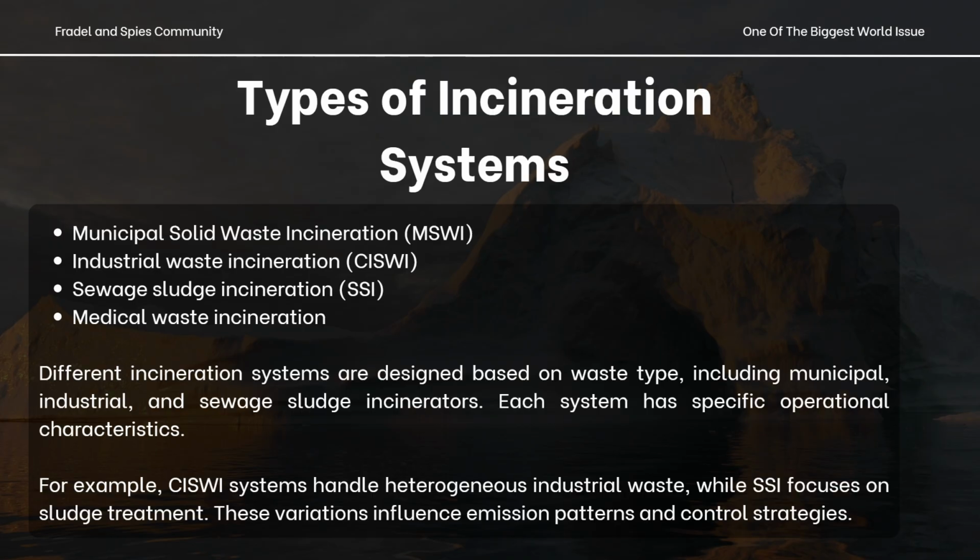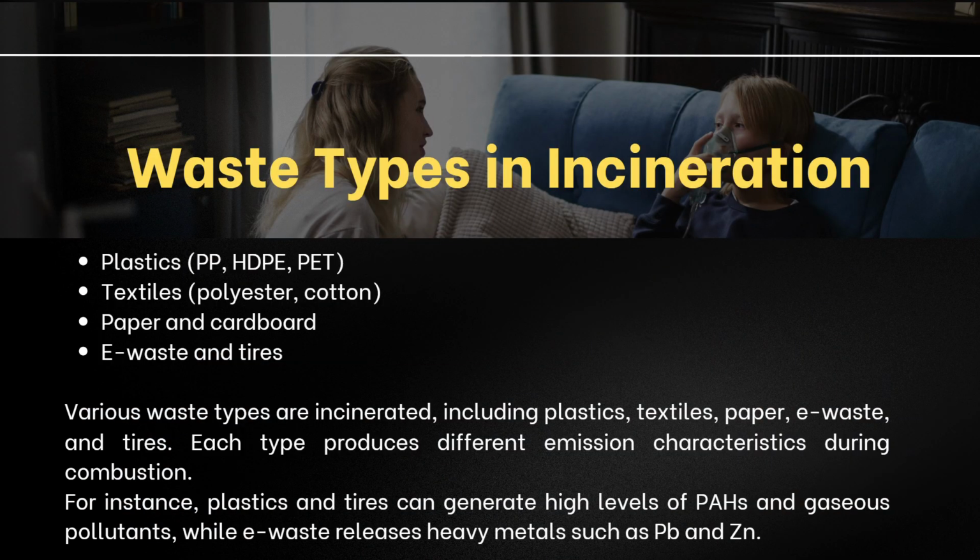Each system has specific operational characteristics. For example, the industrial waste incineration system handles heterogeneous industrial waste, while the sewage sludge incineration focuses on the sludge treatment. This variation influences the emission pattern and control strategies.